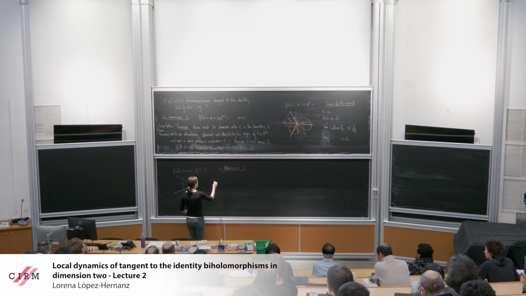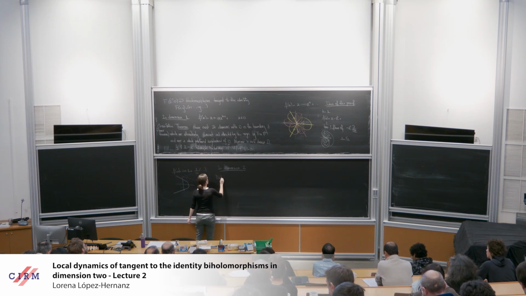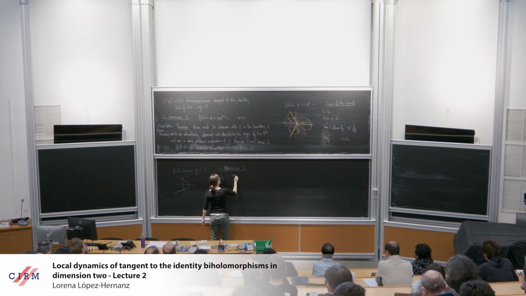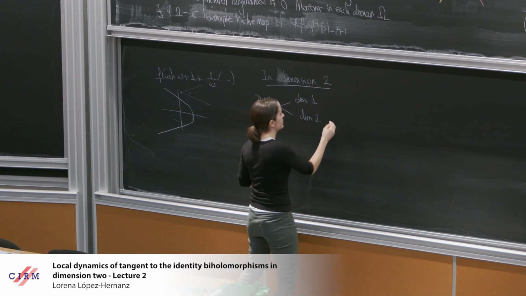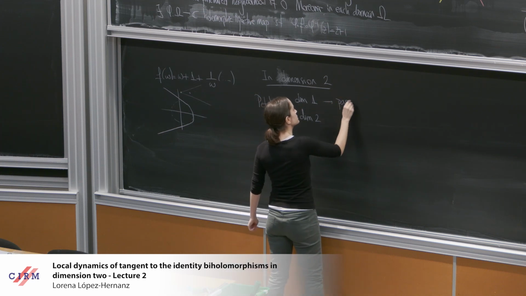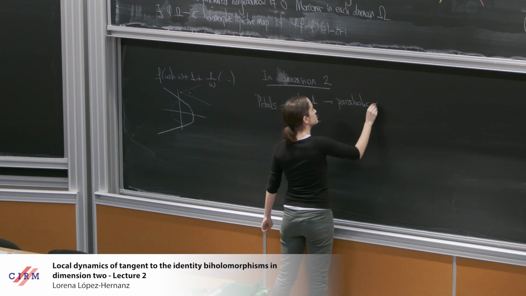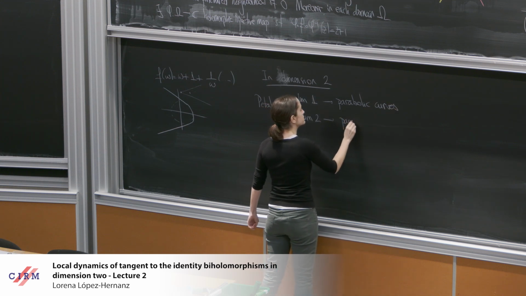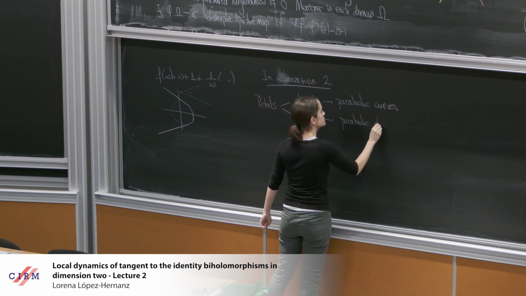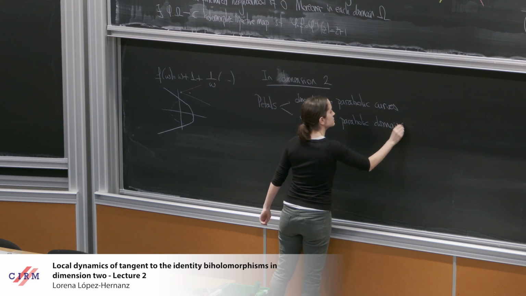Okay, so we will say analogs of petals. We can have dimension 1 or dimension 2. These will be called parabolic curves, and these will be called parabolic domains. Okay.